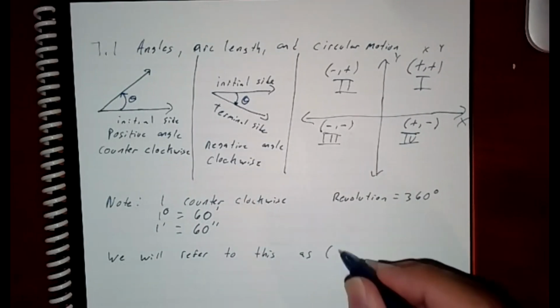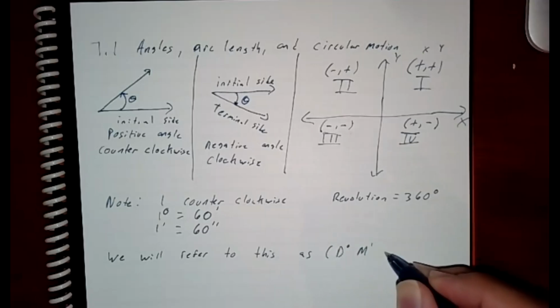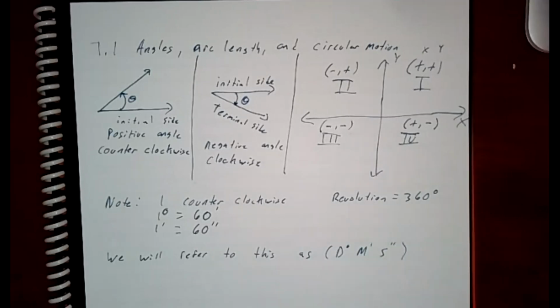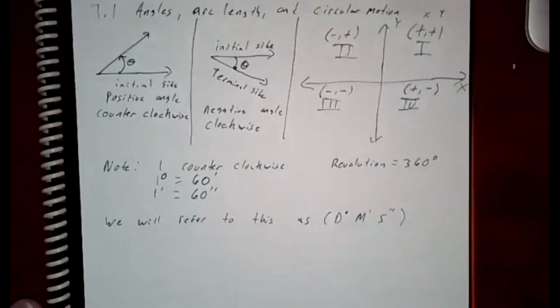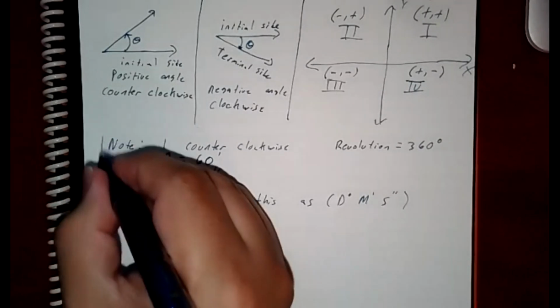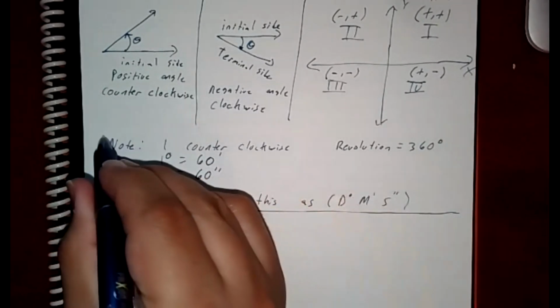So it'll be degrees, minutes, seconds. It'll always be in this order. I like to put the formulas at the beginning, that way we can keep referring to them later. So that's my first set of formulas.